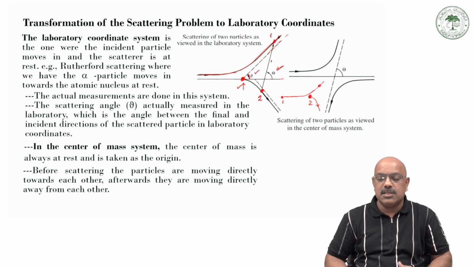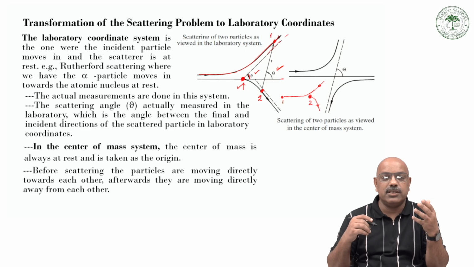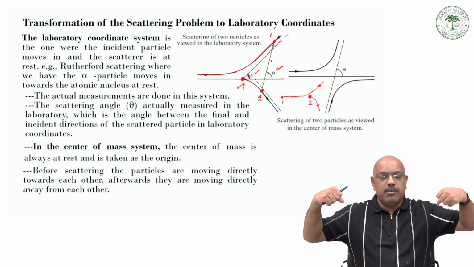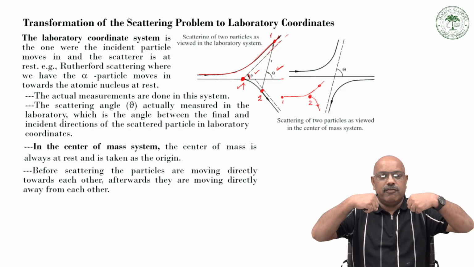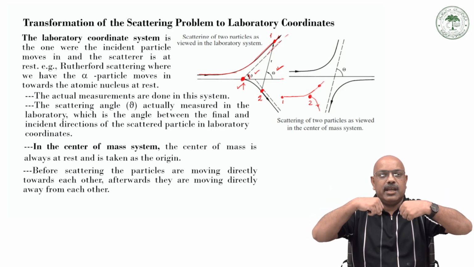Okay, so this is related to the center of mass, because in the center of mass system, a particle is coming from here and a particle is coming from here, they are coming towards each other. The center of mass is always at rest and taken at the origin.